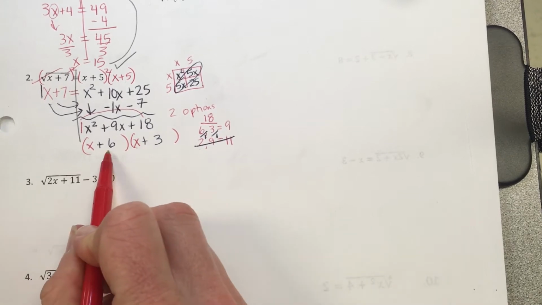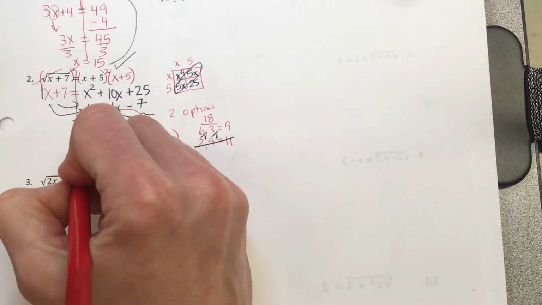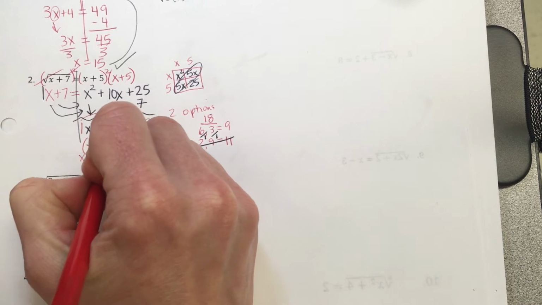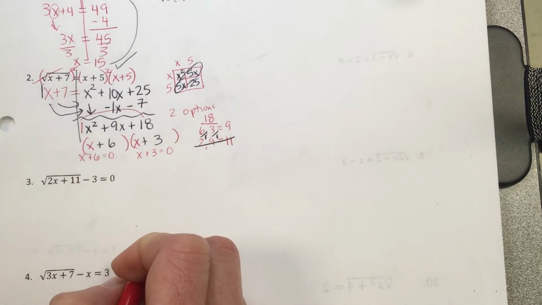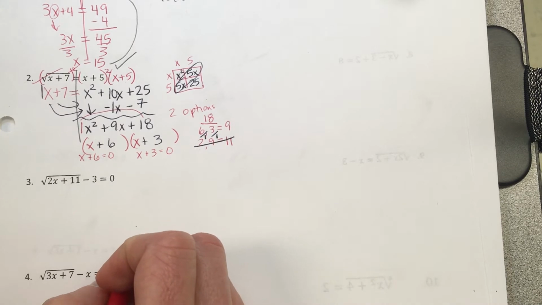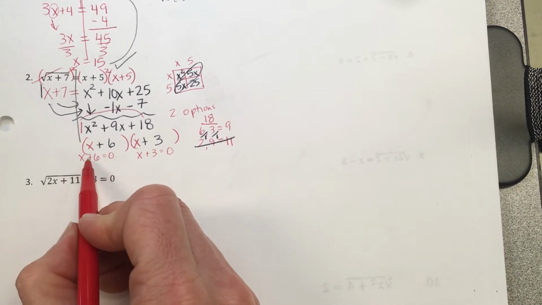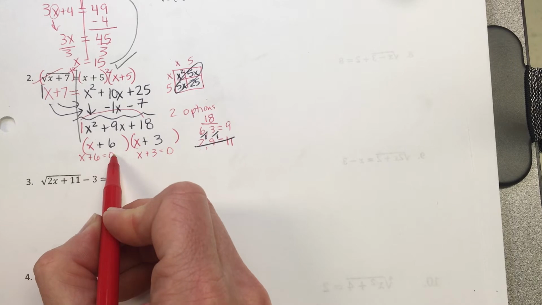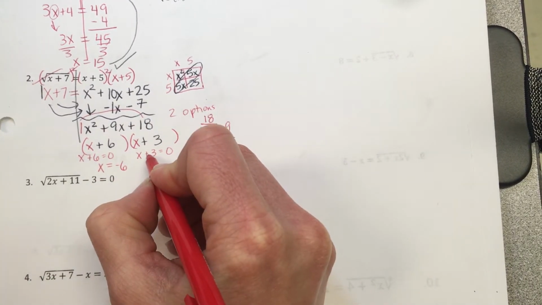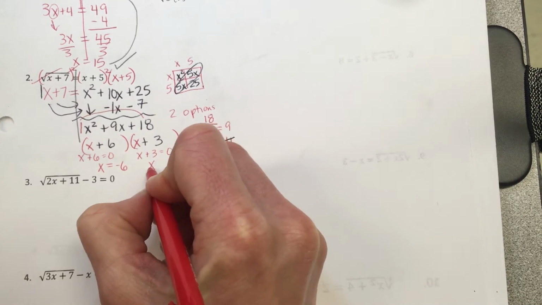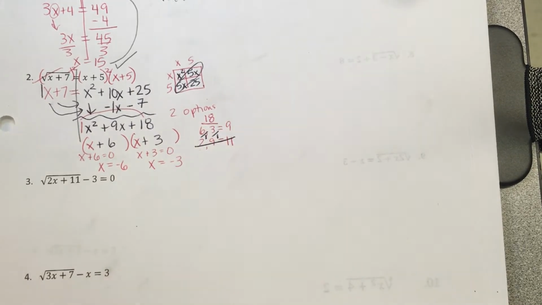Set both of these equal to 0. x plus 6 equals 0. x plus 3 equals 0. Some of y'all know how to do this without showing any work, which is fine. You know that plus 6, when you move it to the other side, becomes negative 6. And plus 3 becomes negative 3. Okay?